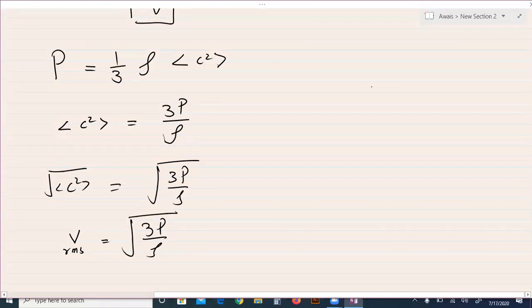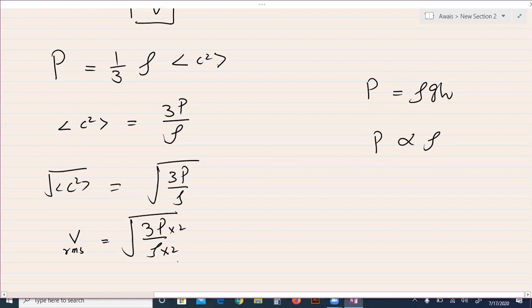And do remember, due to the formula, pressure is equal to rho gh. Pressure and rho, density, both are directly proportional. If this density becomes double, pressure also becomes double. So there is no effect on the speed.